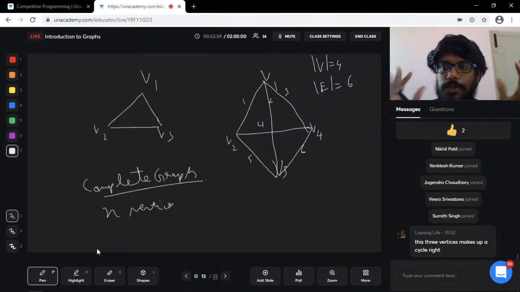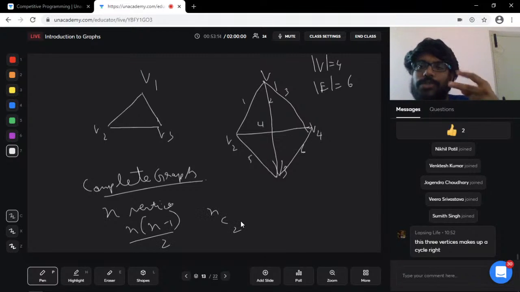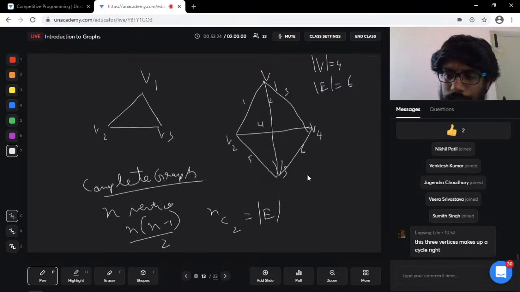Any edge possible, put it in the graph. So it's like you're completing the graph. There is no more edge you can add. You add everything. And what is going to be the number of edges? It's going to be n into n minus 1 by 2, right? nC2. The number of ways of choosing 2 elements from n elements is n into n minus 1 by 2, and that's going to be the number of edges. I hope this is clear to everyone.